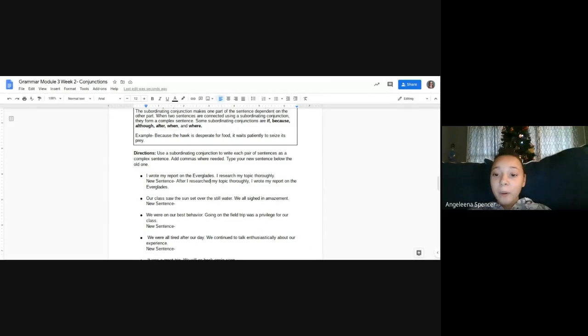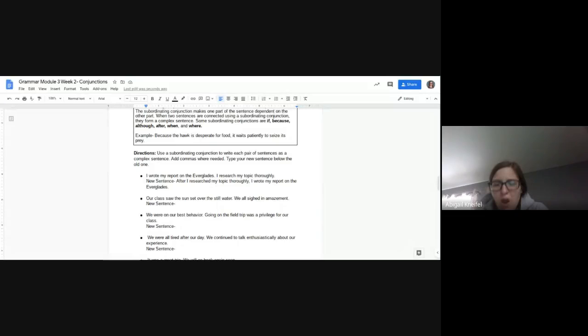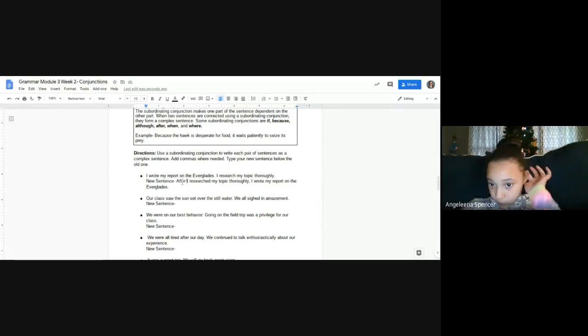I wrote my report on the Everglades, because I researched my topic thoroughly. All right, so instead of the word because, I want you to use the word after there. So it'd be, I wrote my report on the Everglades, after I researched my topic thoroughly, okay? But normally when we use these subordinating conjunctions, they go at the very beginning, just like after right here. That's just where a subordinating conjunction goes because then it connects the first part to the second, okay?